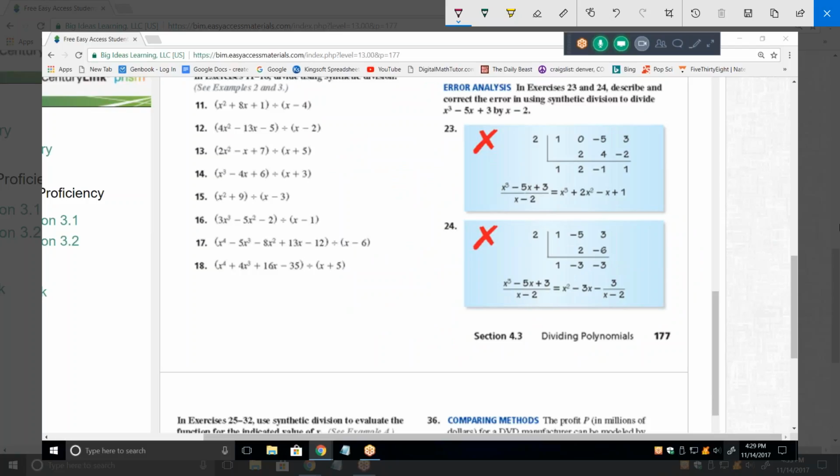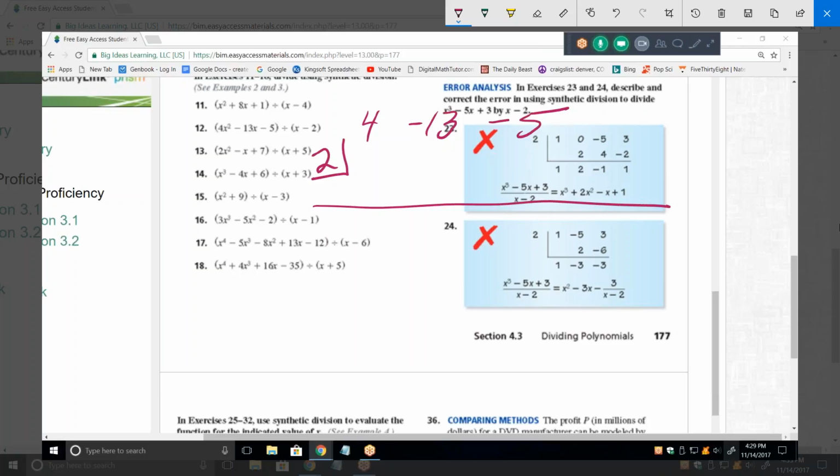Okay, so let's do 12. Now that you know how to do it, set me up on 12, everything. So the number in the box is 2. And so the numbers aside are 4, negative 13, and negative 5.